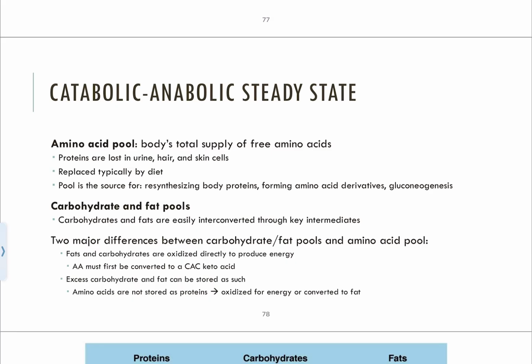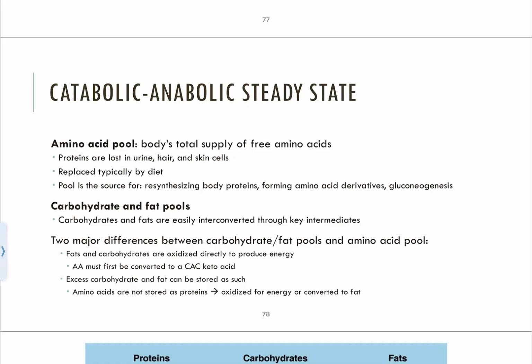Moving on. Okay, so the catabolic and anabolic steady state. When we're talking about some of the nutrient pools, we can classify them based off of which macromolecule we're talking about. The amino acid pool is our body's total supply of free and available amino acids.